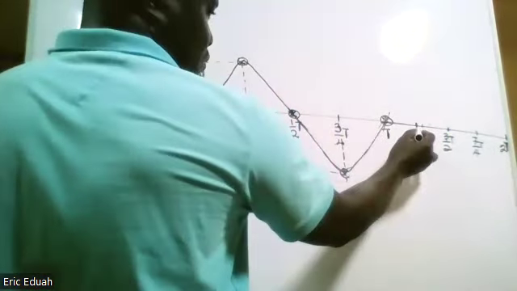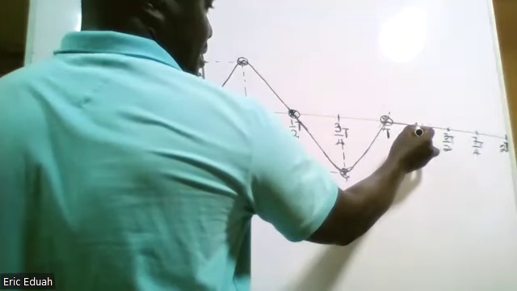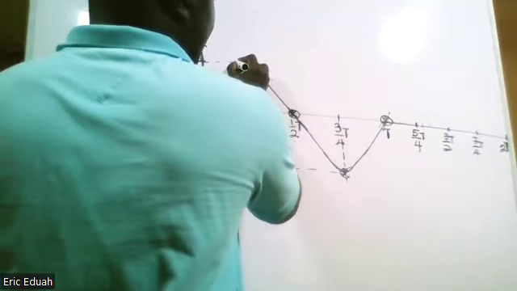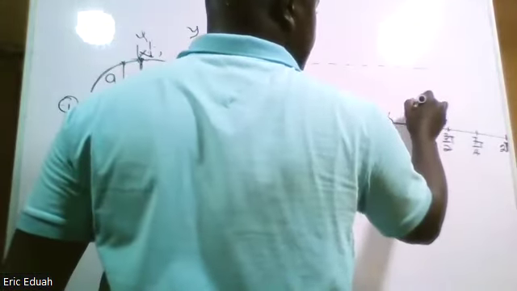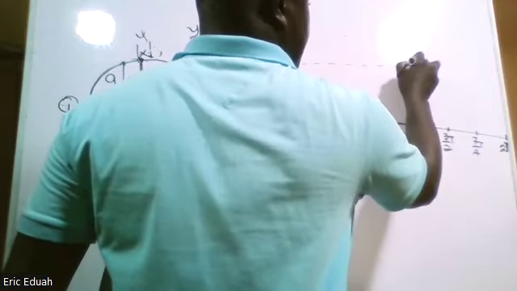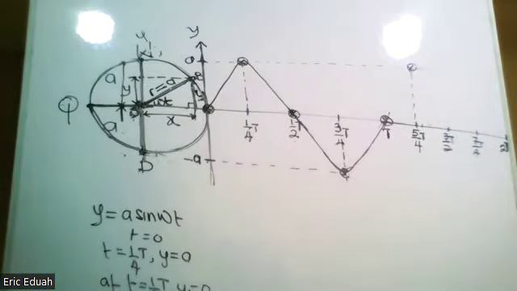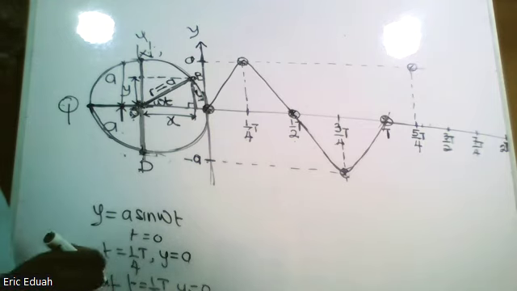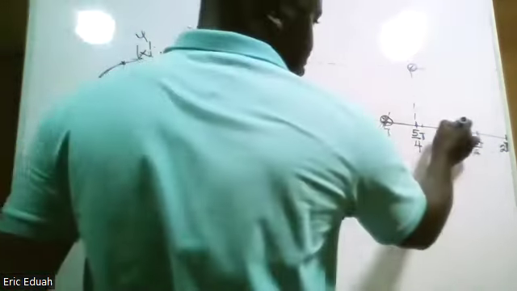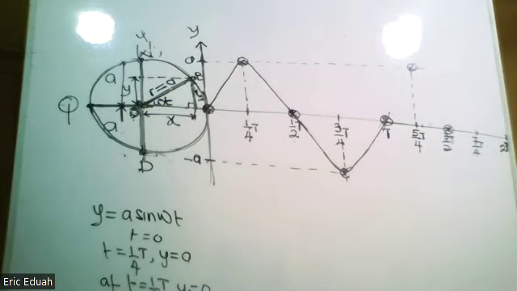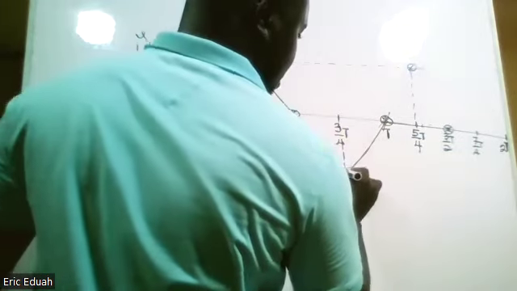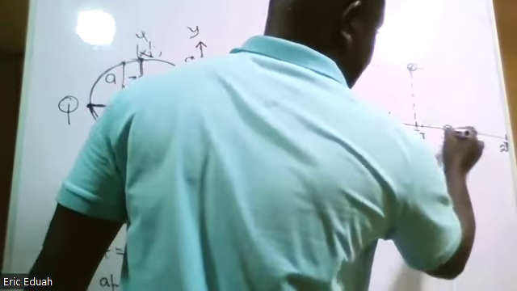So when t is equal to 3/4 T, the displacement will be equal to A. When t is equal to 3/2 T, the displacement will be 0. Confirm. When t is equal to 7/4 T, the displacement will be equal to negative A. I hope you are confirming.